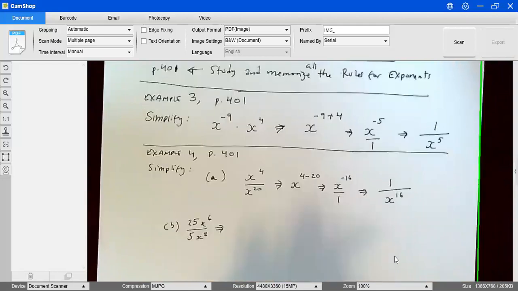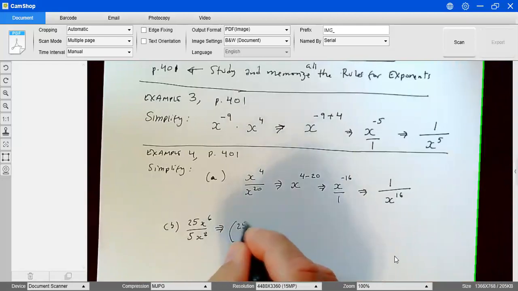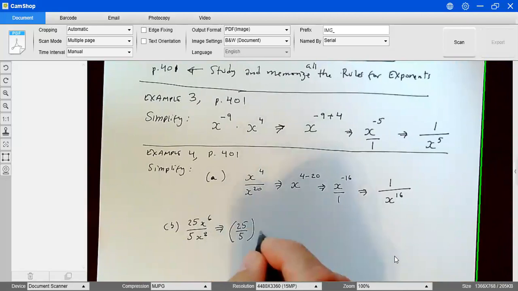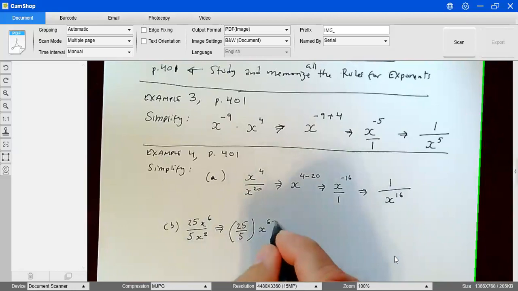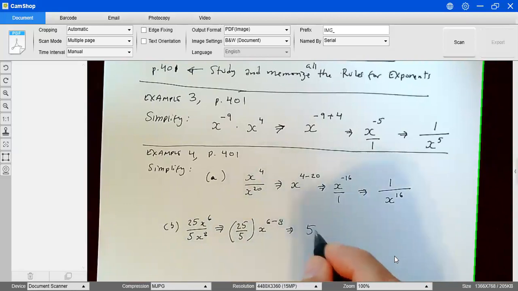So we divide coefficients and we get the quotient of variables. So in this case the base is x, exponent from the numerator minus exponent from the denominator. So we get now 5 x to the negative 2.